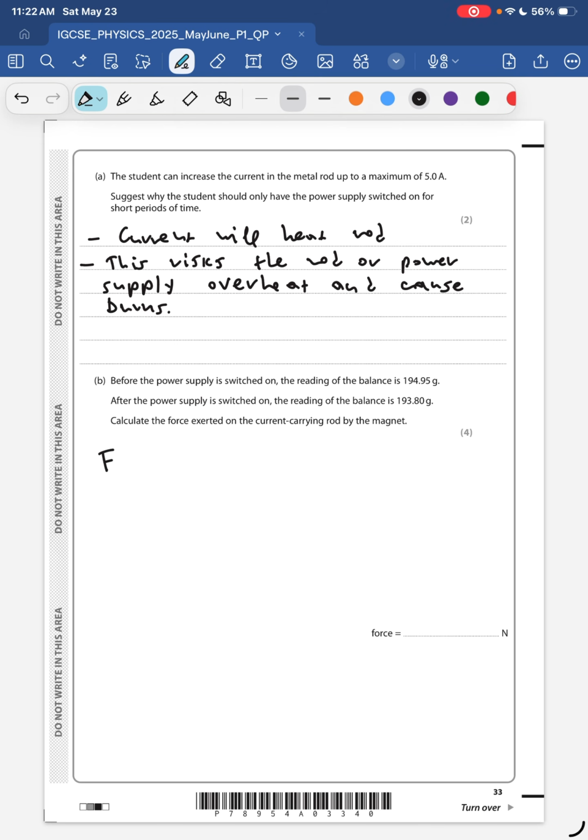The force is going to be 194.95 times 10 to the negative 3, because we have to convert grams to kilograms, times 10, minus 193.80 times 10 to the negative 3 times 10. This yields 0.012 newtons, which is the answer. Simple as that.